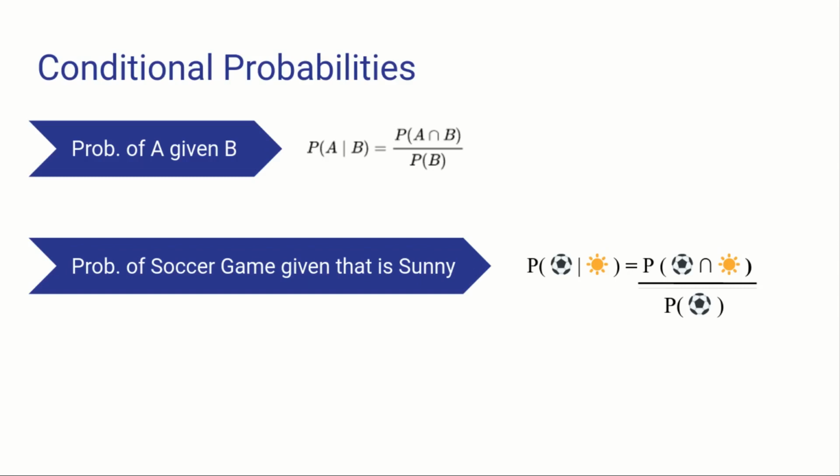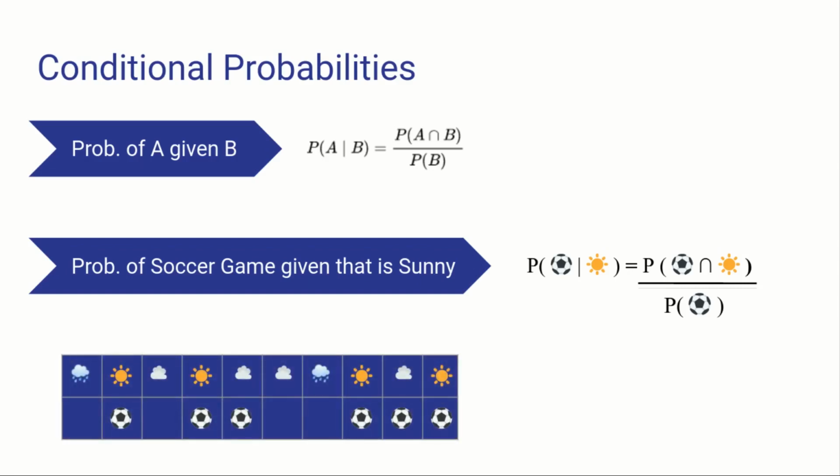The probability of having a game given that it is sunny is the probability of the intersection of having a game and having a sunny day, divided by the probability of having a game regardless of the weather conditions.